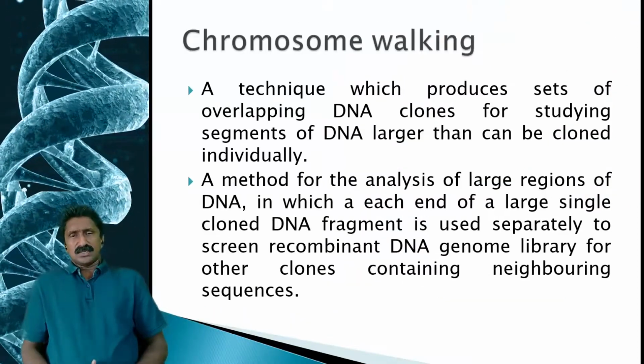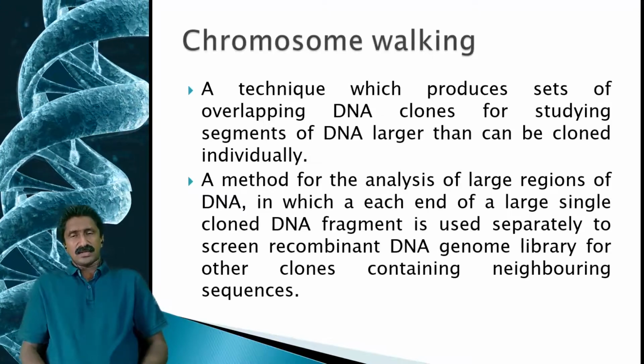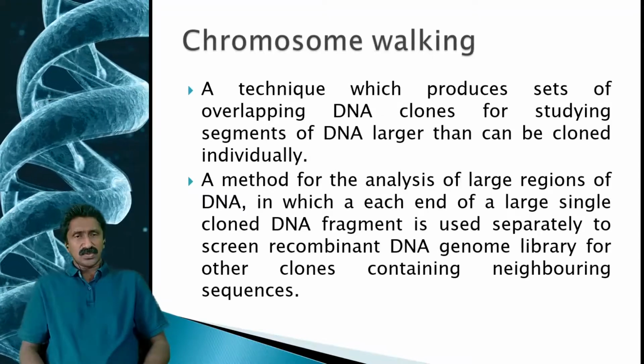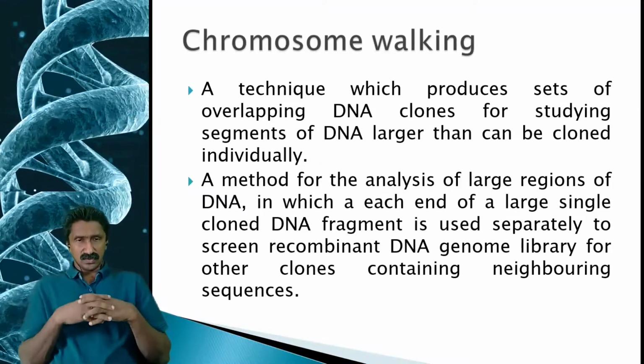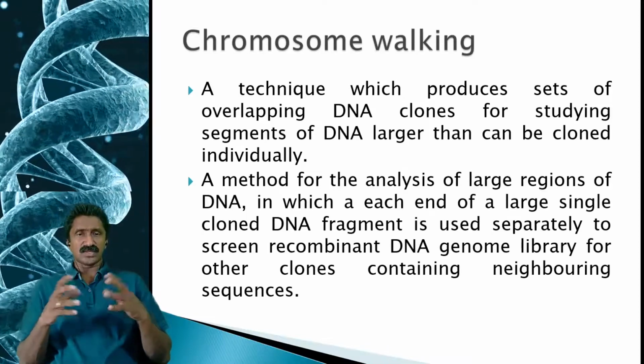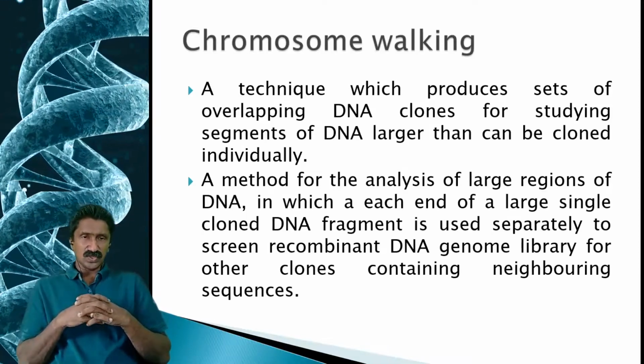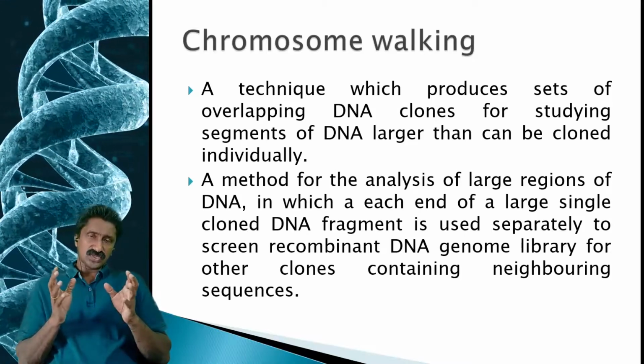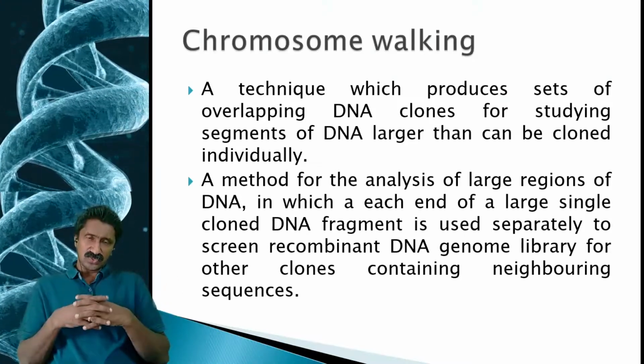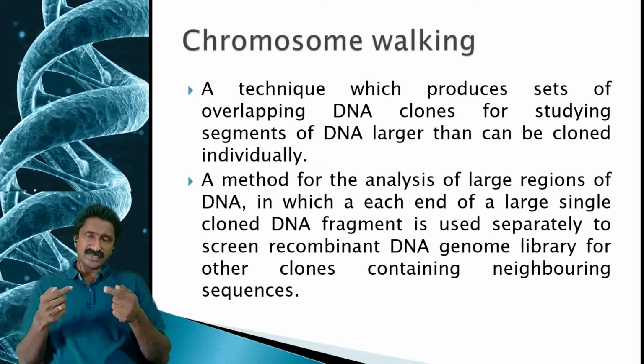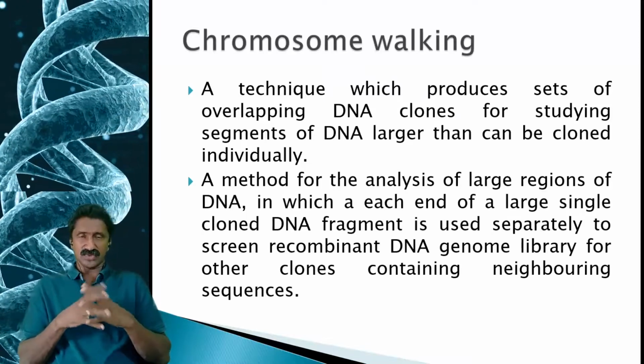Another method is chromosome walking, a technique that produces sets of overlapping DNA clones for studying segments of larger DNA that can be cloned individually. Usually such larger DNA sequences cannot be cloned in a single step because there is a size limitation for every vector.